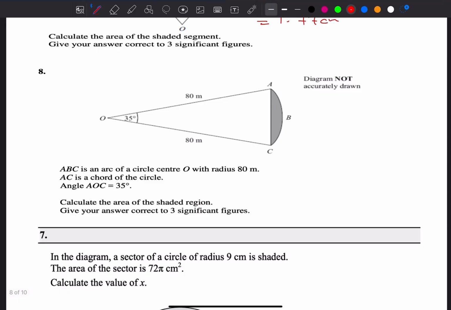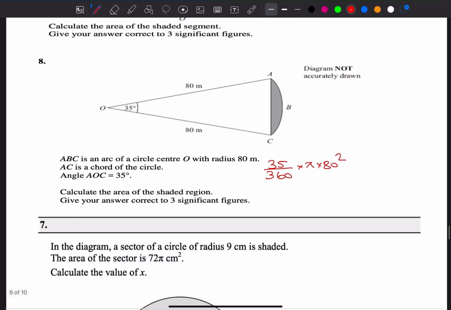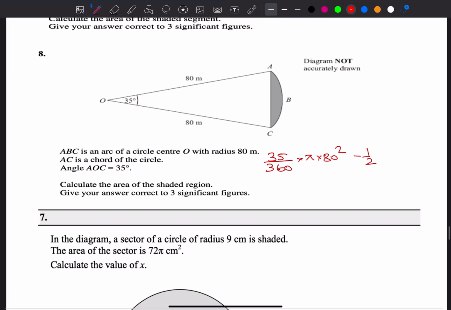Next one, area of segment again. So what is it? 35 over 360 times pi times 80 squared. Take away area of triangle. Half times AB, which is 80 times 80, is 80 squared sine 35.